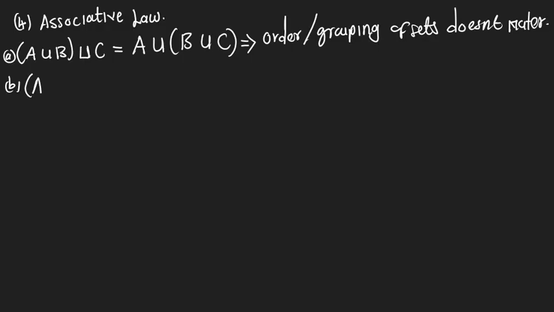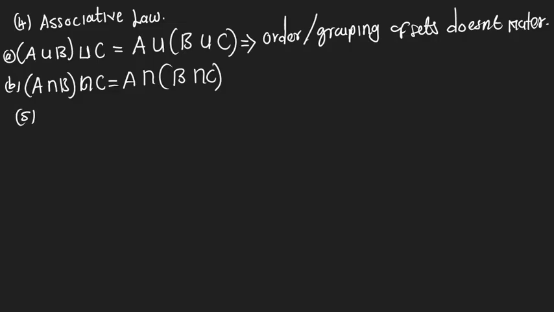Okay, if you've got a set A intersecting some set B, the intersection of C, then this can also be written as A intersection the open bracket of B intersecting with C. Okay, so the order or grouping of sets in this case doesn't matter. So make sure that you understand these simple concepts I'm teaching. They are very important to understand.